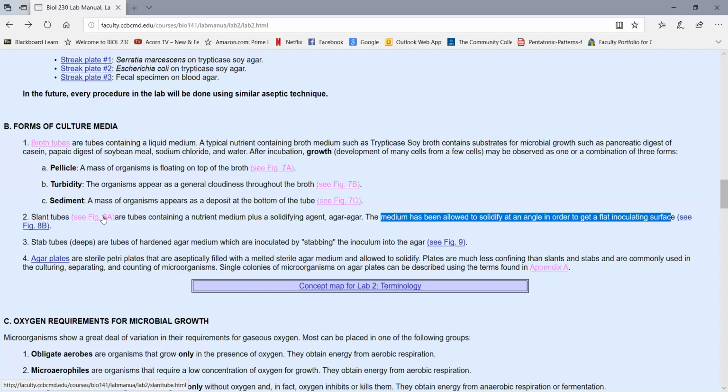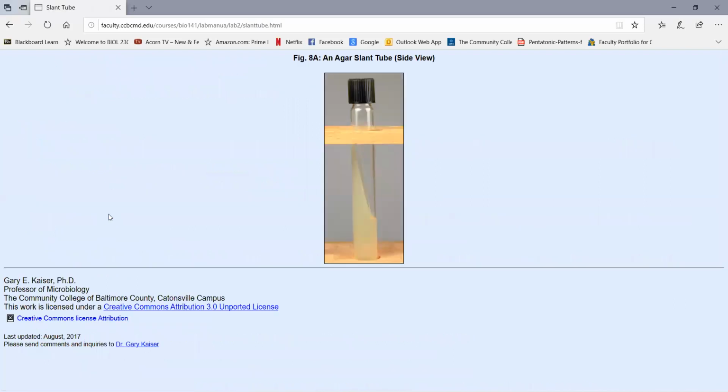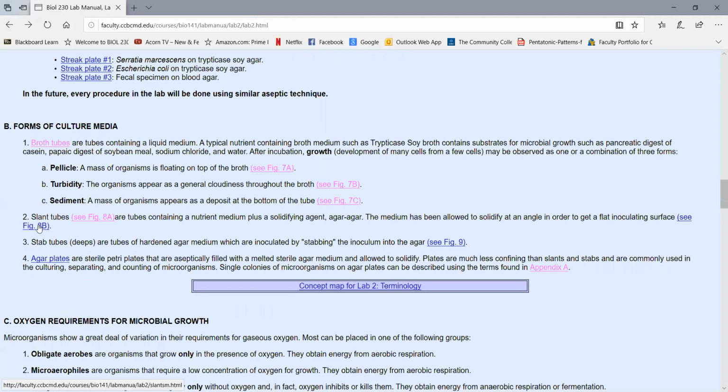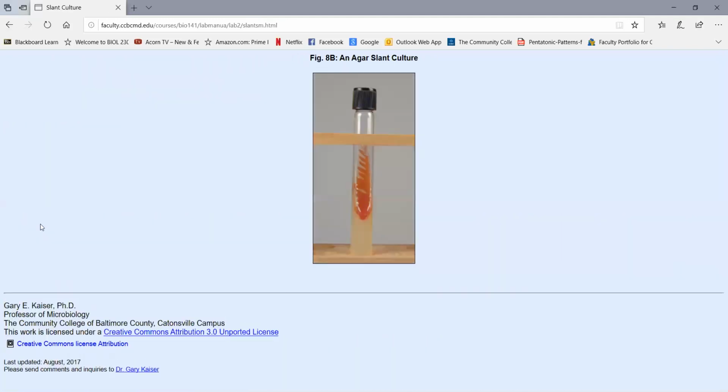Figure 8a shows you a slant tube before it's inoculated. And because it was allowed to solidify at an angle, we see this flat surface here that can be inoculated. And in figure 8b, we see a bacterium growing on a slant tube. So we see the growth of the bacteria growing on the flat agar surface of the slant tube.